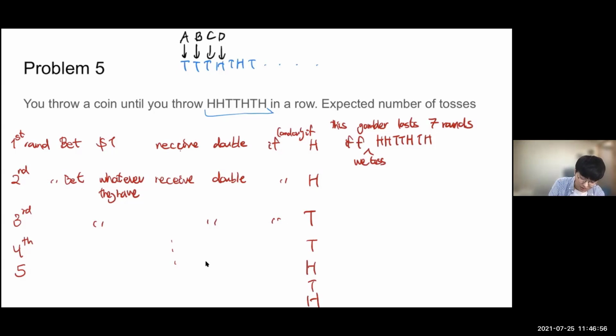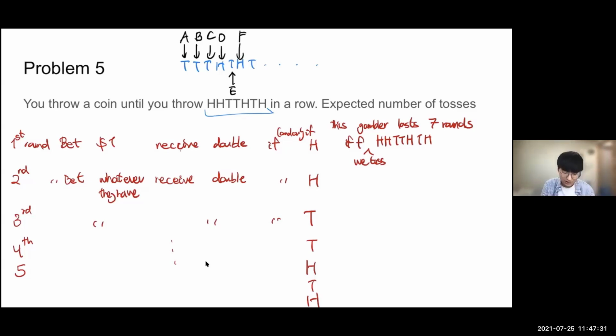But here D will join, and they will bet $1, and they will receive double of that. So they will end up with $2 after this throw. And here E will join, but D will also bet $2, and they will be on the second round, and they will lose all of their $2 because you've thrown a tail, and E will also lose all of their $1 because you've thrown a tail. And then F will join, and so on.